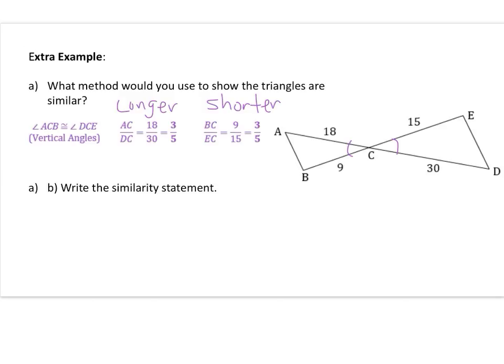So since I have congruent angles and I have the sides including those angles proportional, I can conclude that the two triangles are similar. So for part B, my similarity statement says triangle ABC similar to triangle DCE, and the reason is my side angle side similarity theorem, which implies similar triangles.